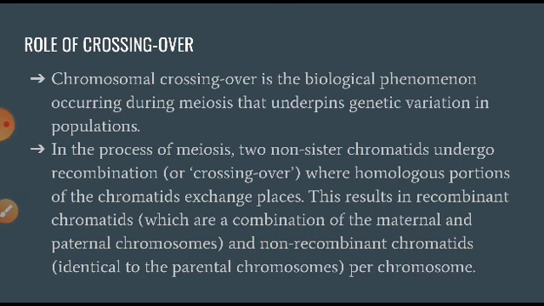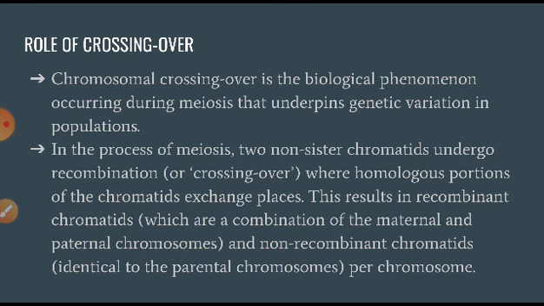Homologous portions means similar-looking portions. This results in recombinant chromatids, which are a combination of the maternal and paternal chromosomes, and non-recombinant chromatids identical to the parental chromosomes. So what is happening? What result did you get?